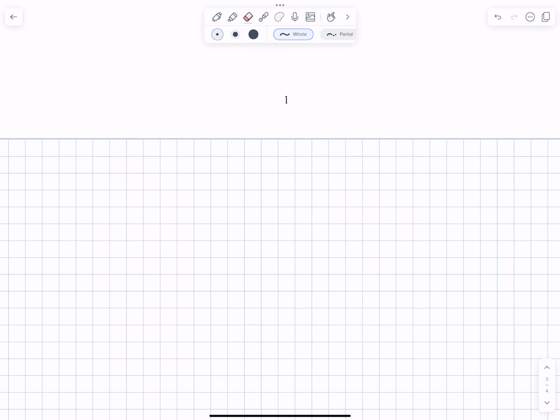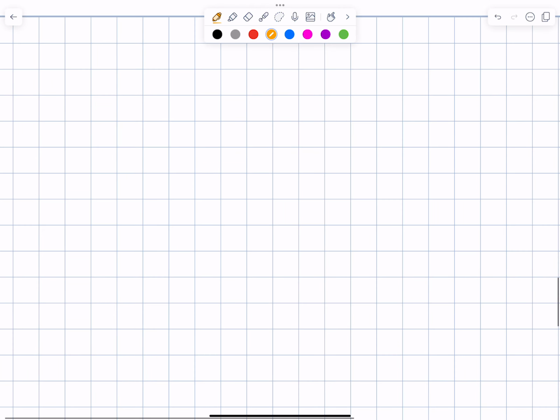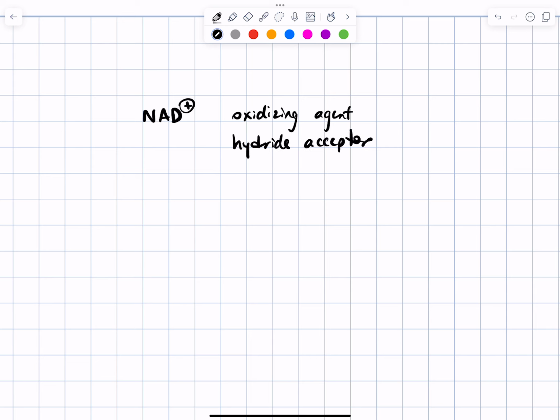So recall that you can abbreviate NAD+, which we're going to call an oxidizing agent, or alternatively, a hydride acceptor. And it looks like this.